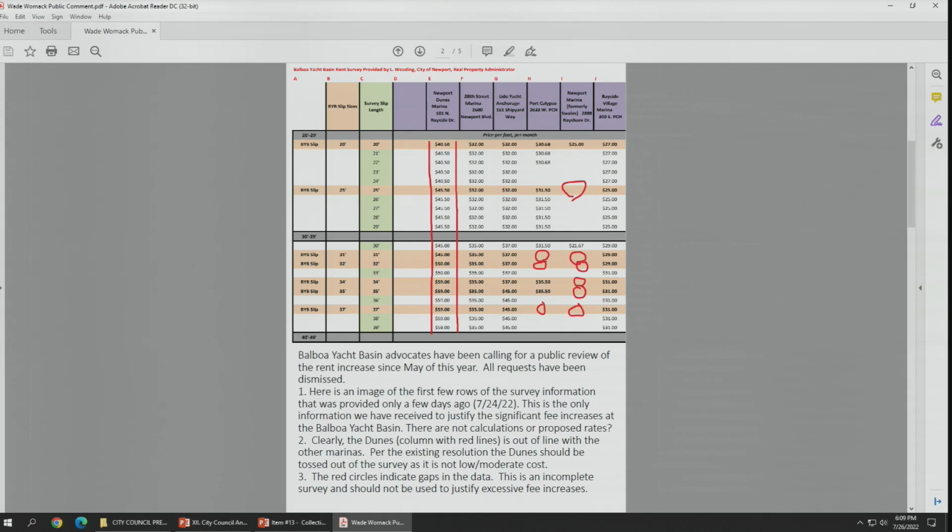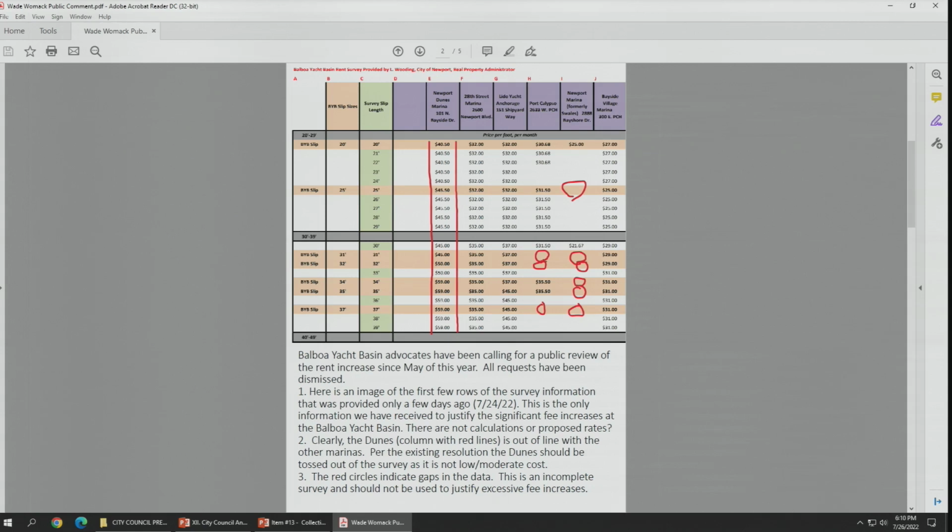It does not show how the city calculated the new rates. Also, the survey includes the Dunes, which is a luxury marina compared to the bare bones yacht basin. If you look at the Dunes rates between the red lines, you will see that the Dunes slip rates are far higher than the other marinas.